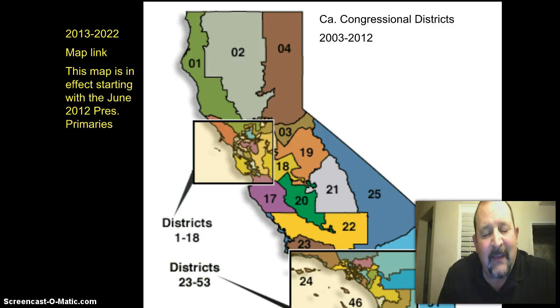And what the state legislature does when they're responsible for drawing these boundaries is the party in the majority has control of that process. So they're going to draw as many districts as they possibly can that will be sure to elect a member of their party to the House of Representatives.